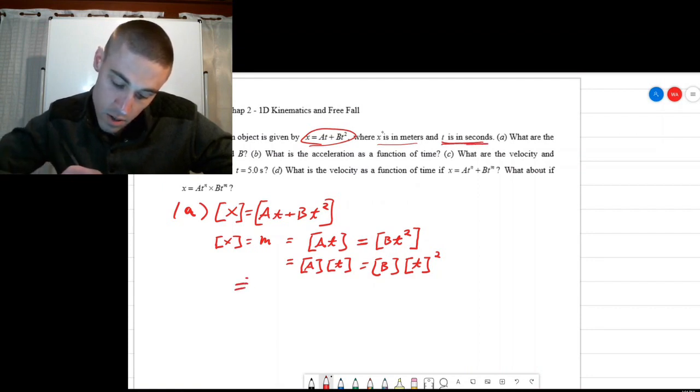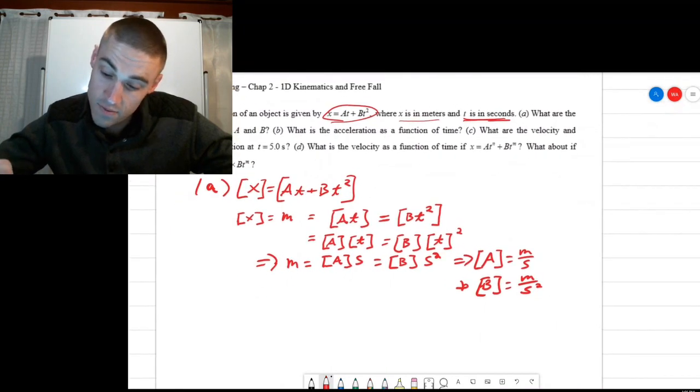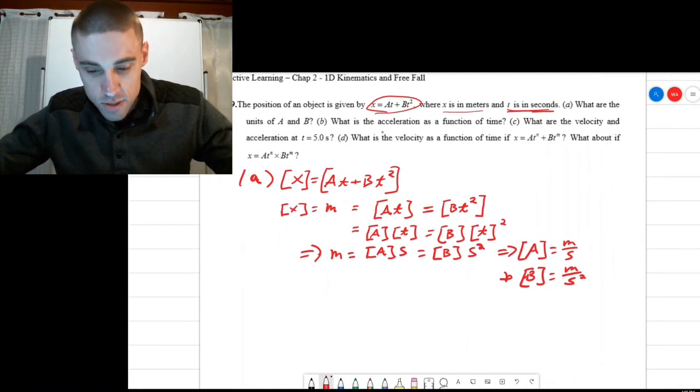So we know that meters is equal to the units of A times seconds, equal to the units of B times seconds squared. So that implies that A is in units of meters per second, and B has units of meters per second squared. So A has velocity units, and B has acceleration units.